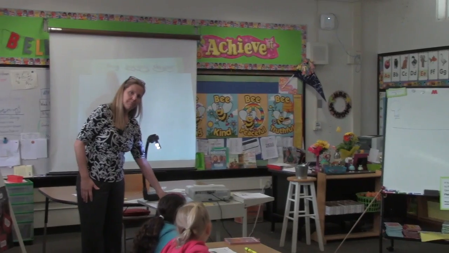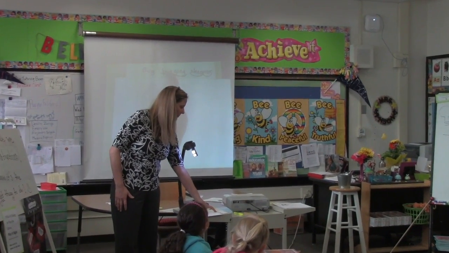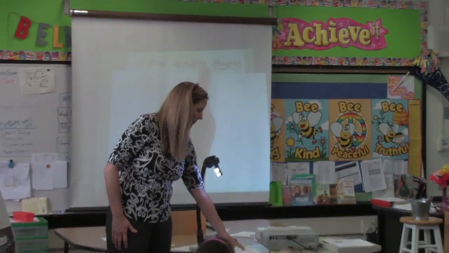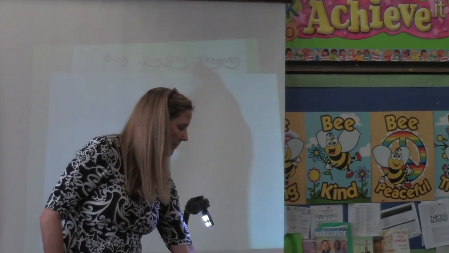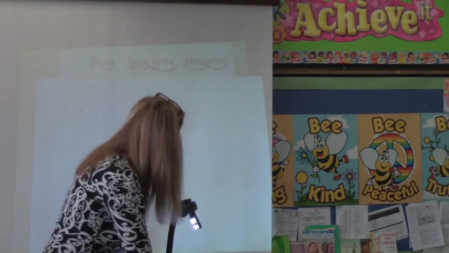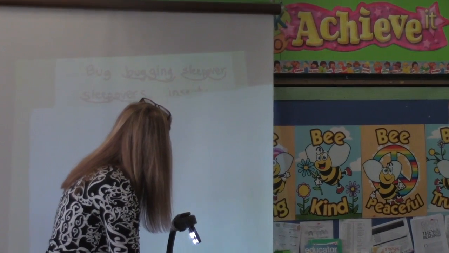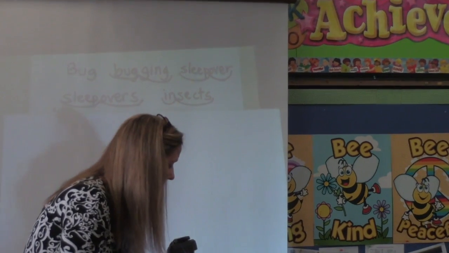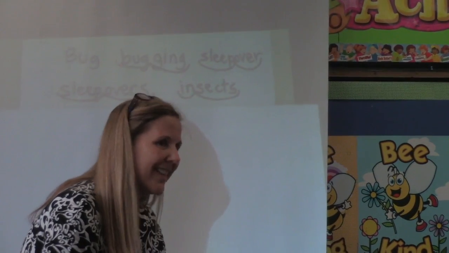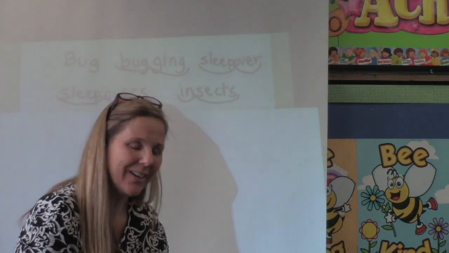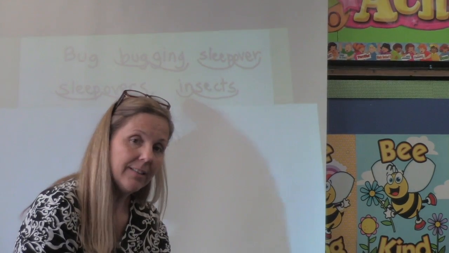Let me look at this word first of all. Everyone read that one. Bug. Now watch. Buggy. Say the whole word. Buggy. Sleepover. Say it fast. Sleepover. Sleepovers. Oh, look at that. You saw the S at the end, didn't you? Okay, do the next one. Insects. Insects.